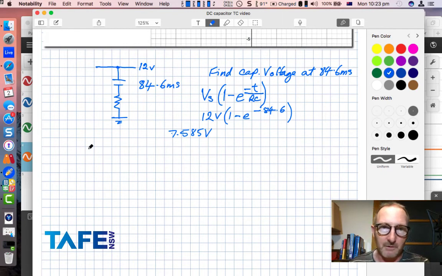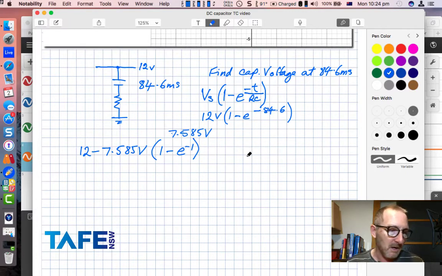But if I take that 7.585 volts away from 12 volts, so 12 minus 7.585 volts, and then use that outside of 1 minus e to the minus 1, I'm multiplying this difference between the 12, which is our final voltage, and the 7.585 volts, which was the first time constant, by 0.632, and then I do some addition, and I'm going to come up with my second time constant.